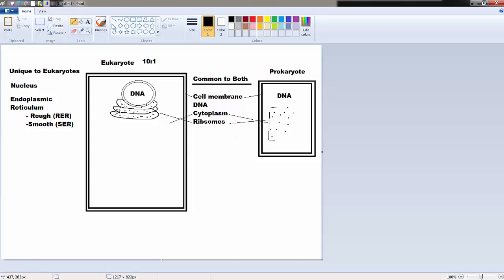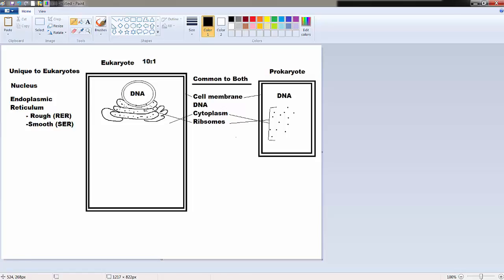Smooth endoplasmic reticulum is similar, but a little different, and it tends to branch out near the ends of the endoplasmic reticulum, sometimes off to the sides. It doesn't always look like this, by the way, but it tends to branch out from the RER in different areas, and it's considered smooth because it lacks ribosomes.